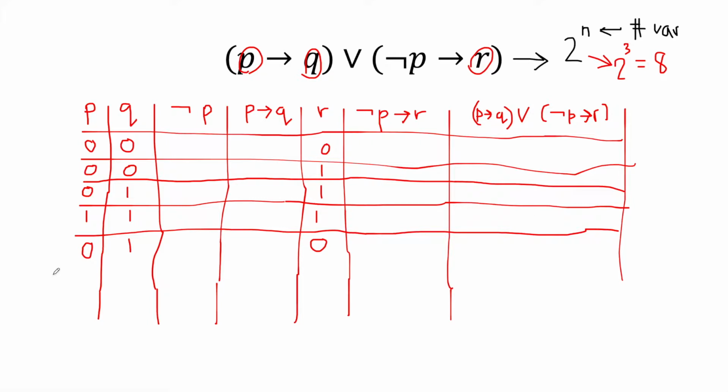And then we need 1, 1, 0, 1. Have to make this one better. 0, 1, 0, 1, 0, 1. So 1, 2, 3, 4, 5, 6. 2 rows to go.